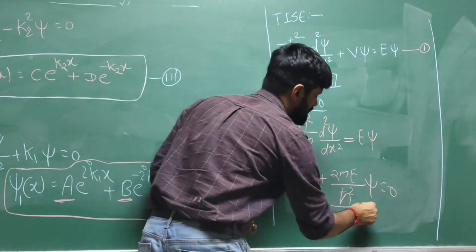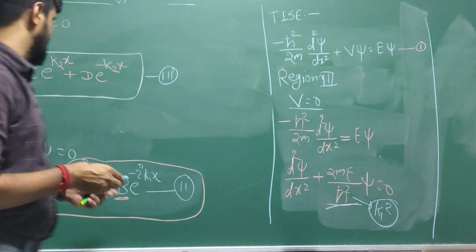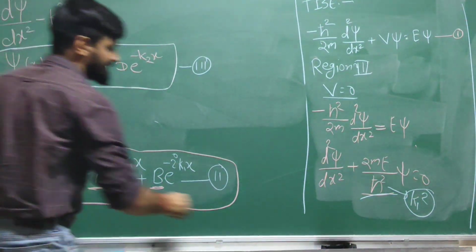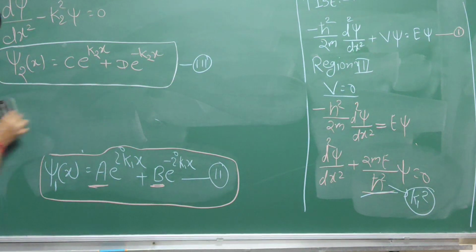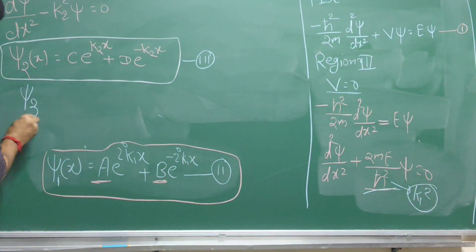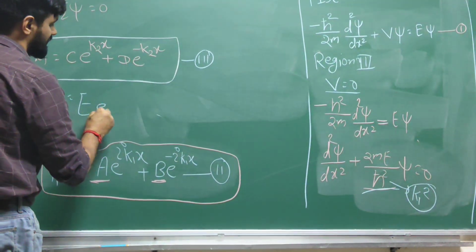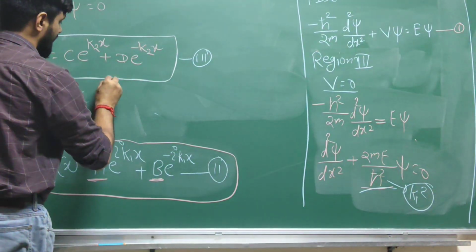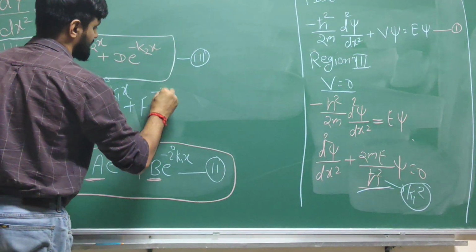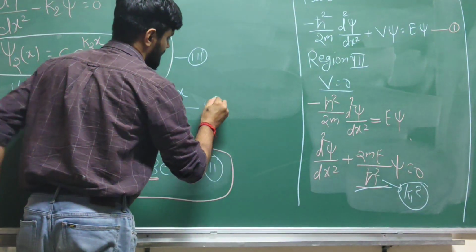We have assumed this 2mE by h cut square as k1 square, so this gives you the same form as the wave function psi 1. So directly I'll write that the value of psi 3 of x is E e to the power iota k1x plus F e to the power minus iota k1x. I'll assume this is our equation 4.